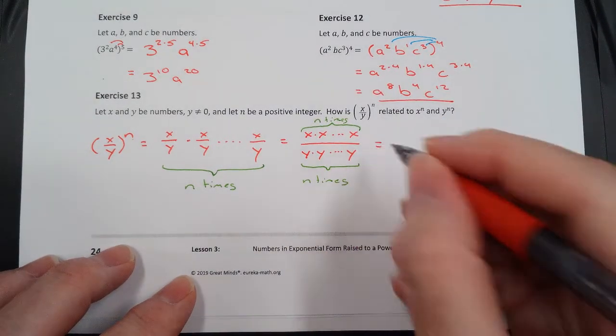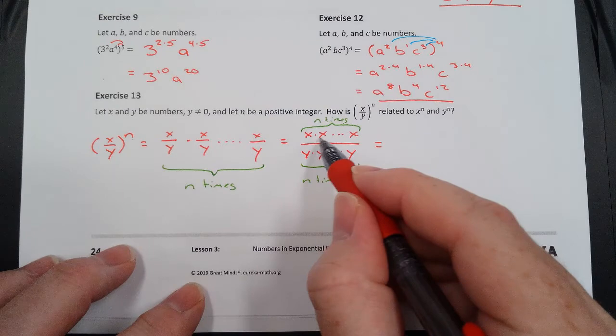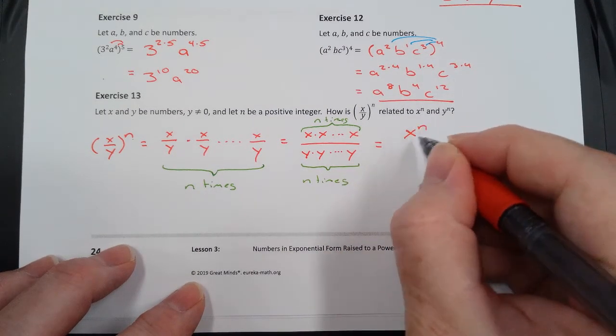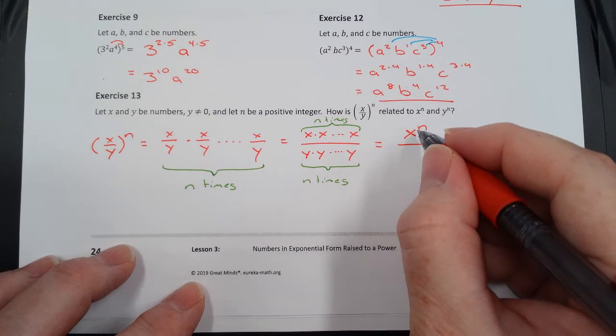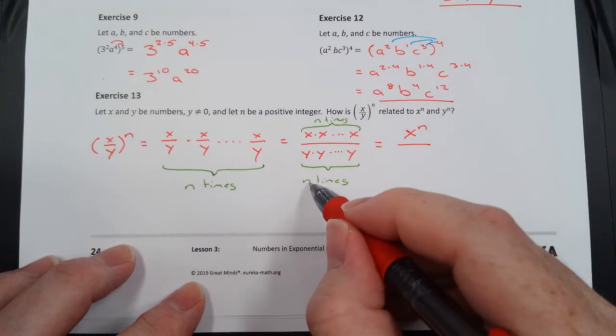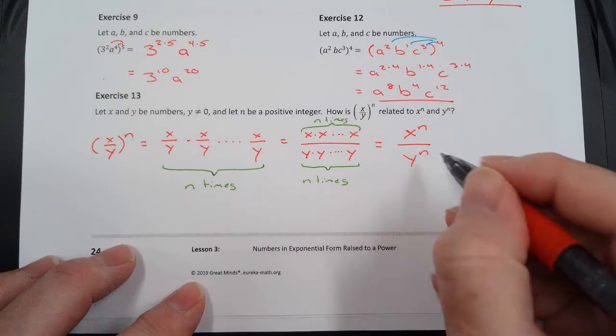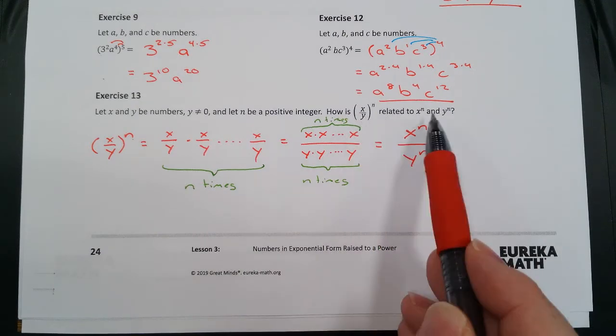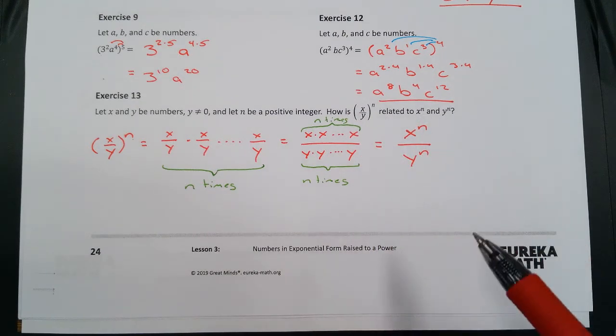Which means, using what we learned in lesson 1, if x is multiplied by itself n times, then x to the n is the numerator. y is multiplied by itself n times, so y to the n is the denominator. This shows us how this is connected to the x to the n and the y to the n.